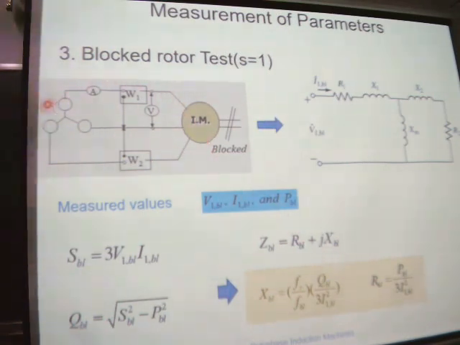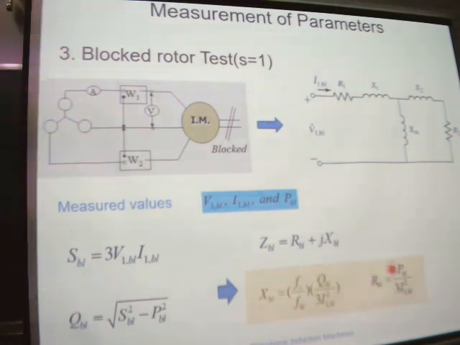In this experiment, we use the frequency F blocked, but the real working frequency is FR, so this is multiplied by the ratio.